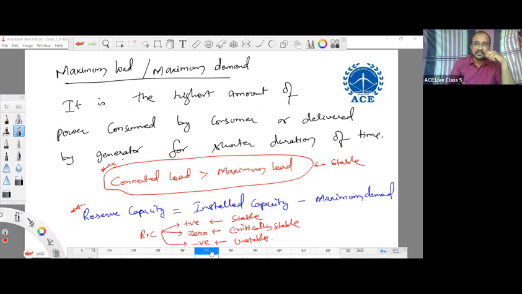We defined maximum demand or maximum load: the highest amount of power consumed by the consumer or delivered by the generator for a short duration of time. Reserve is the difference of installed capacity and maximum demand. If reserve capacity is positive, the system is stable. If it is zero, it is critically stable, and if negative, it is unstable.